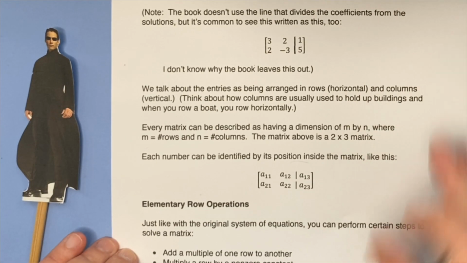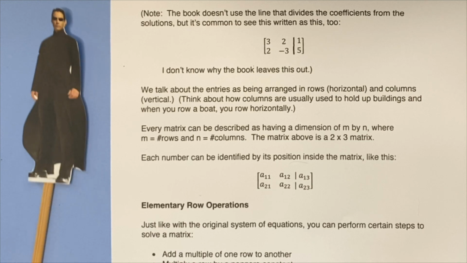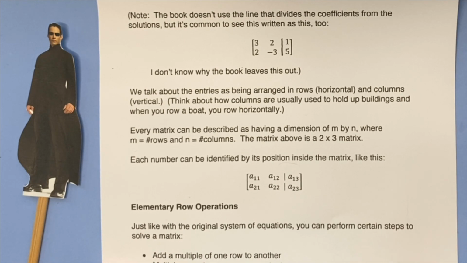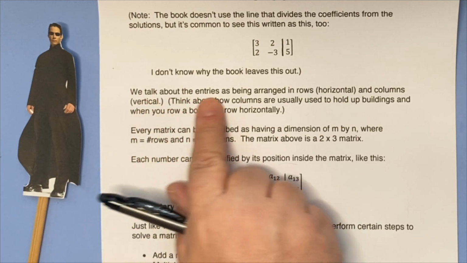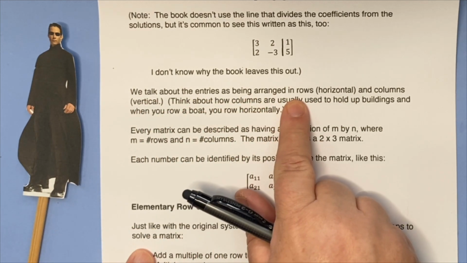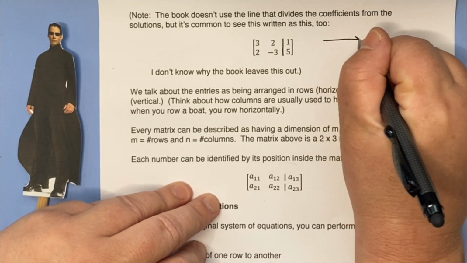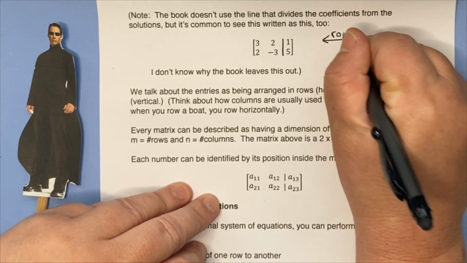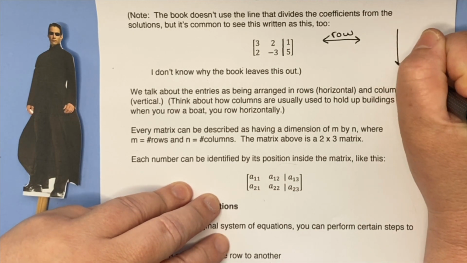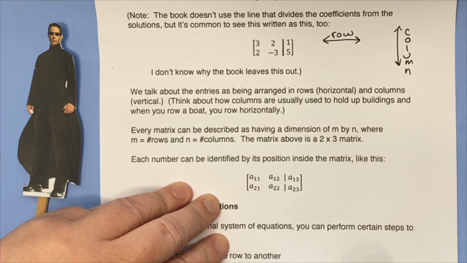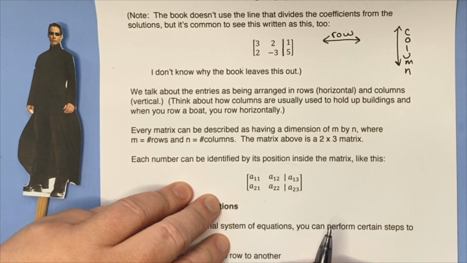Okay, so there's a lot of vocabulary. Let's get into it. Well, we don't need to dig in. You just need to wrap your head around the vocabulary. We're going to talk about the entries being arranged in rows and columns. A row goes horizontally like that, and a column is arranged vertically like that.